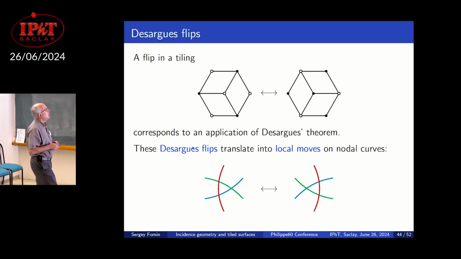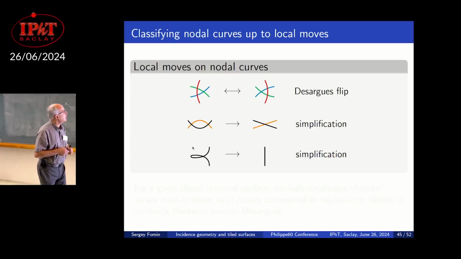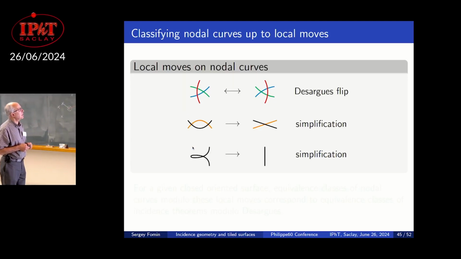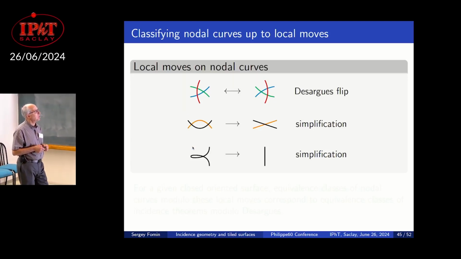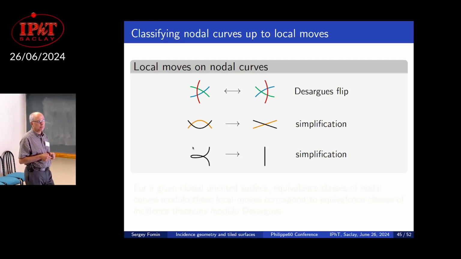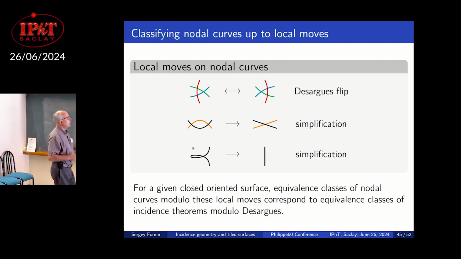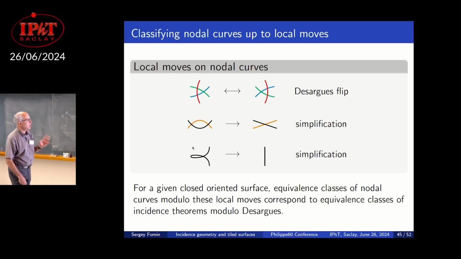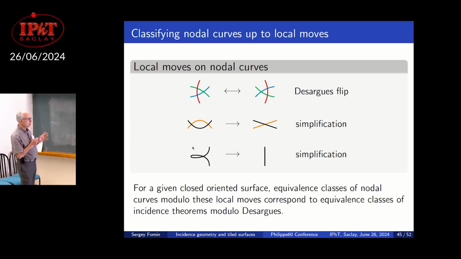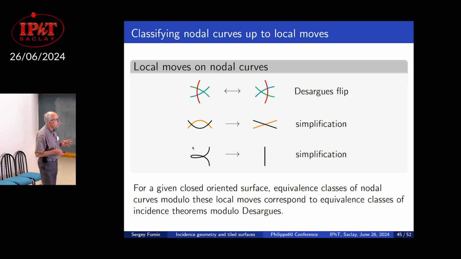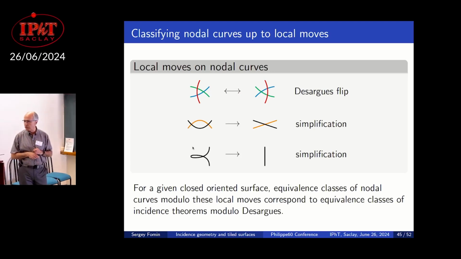And so when we talk about theorems equivalent modulo Desargues, these are multi-curves which are equivalent modulo these kinds of moves. And there are also some simplification steps which make your quadrangulation smaller. So for a given closed oriented surface, equivalence classes of nodal curves modulo these local moves correspond to equivalence classes of incidence theorems modulo Desargues.